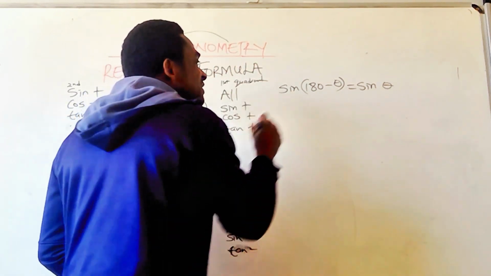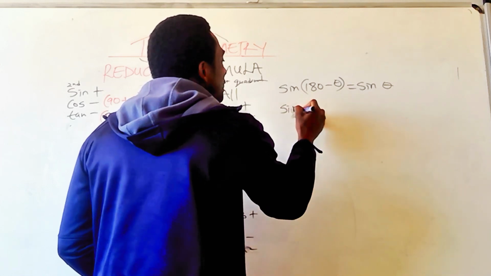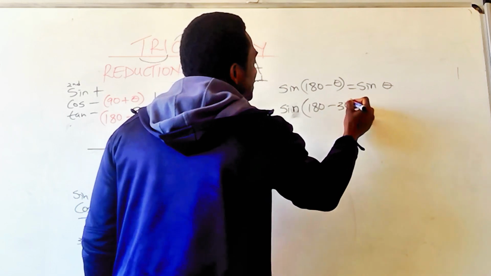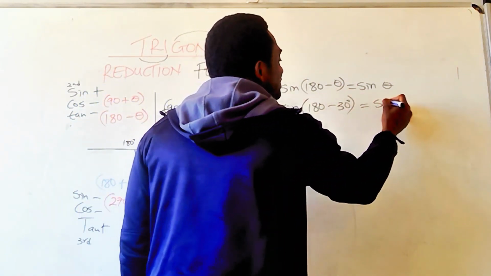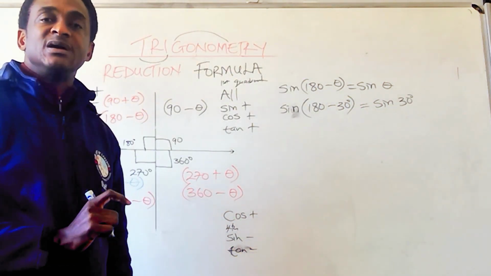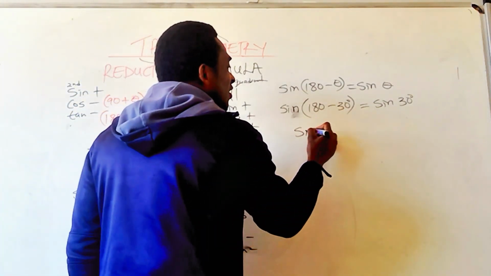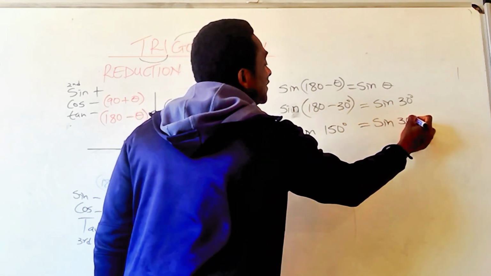If we want to check this to be sure, if we have sine of 180 minus 30 degrees, by the given formula, this is sine of 30 degrees. We can verify if this is true. This is sine of 150 degrees, and we say that it is equivalent to sine of 30 degrees.